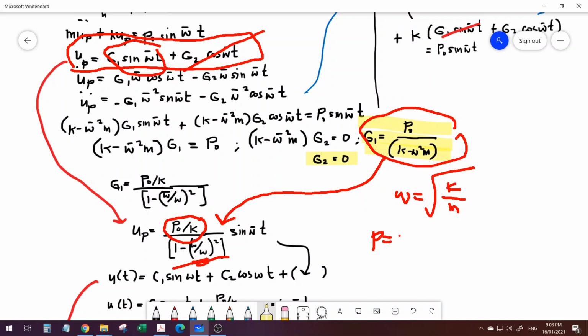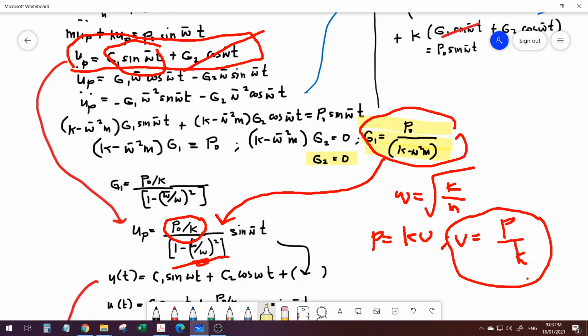P equals K U. Right? So, therefore, U is equal to P over K, or P naught over K. What does it mean? So this is a static deflection.